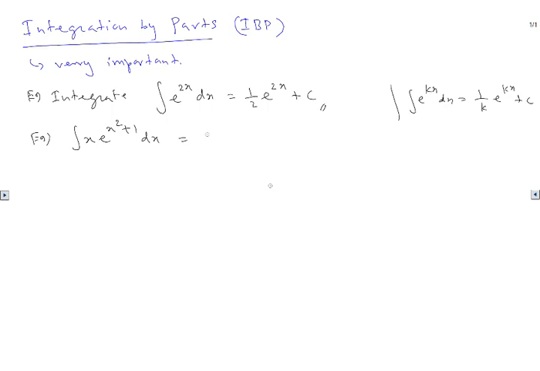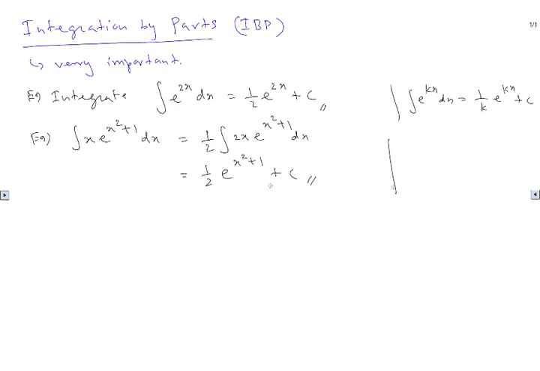For example, you can write this as 1/2 times 2x e to the x squared plus 1. Then from the four formulas, you can write the answer. Since we see the derivative, the answer is 1/2 e to the x squared plus 1 plus c.